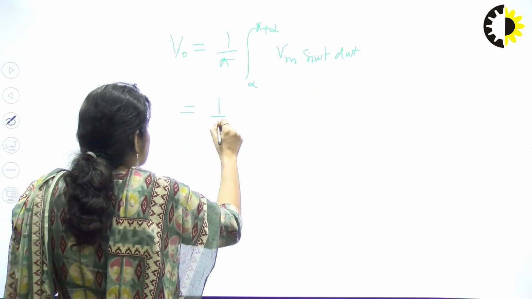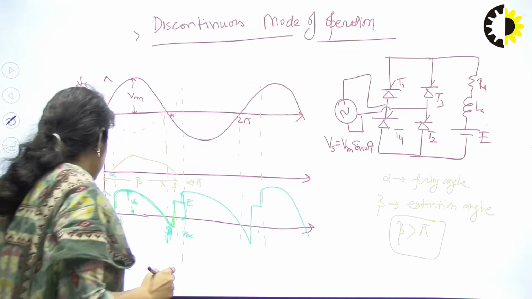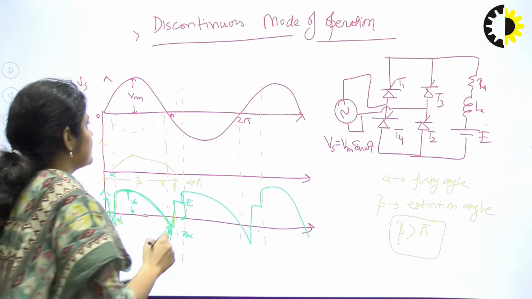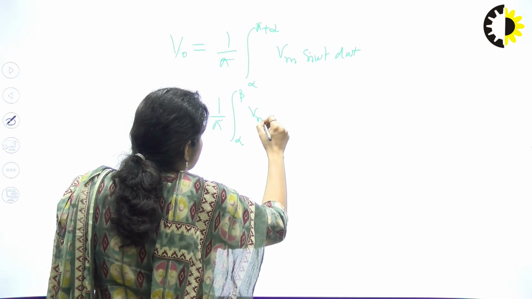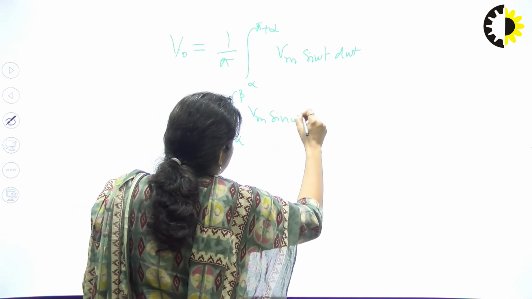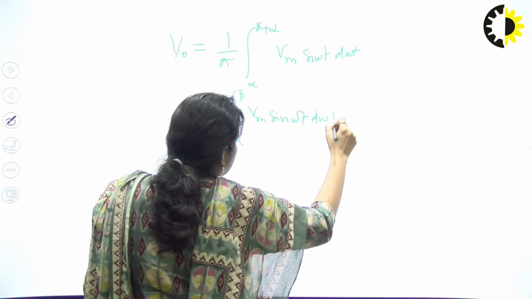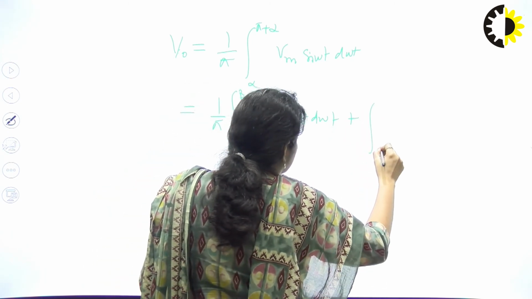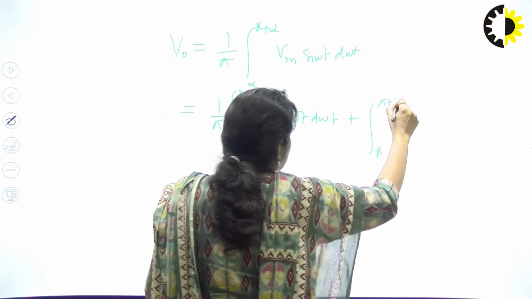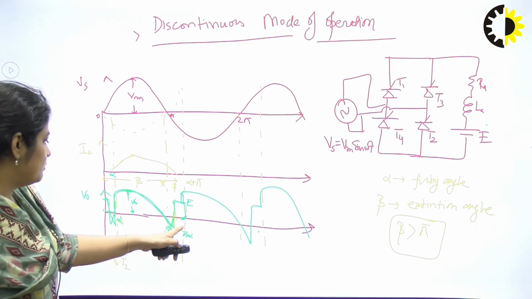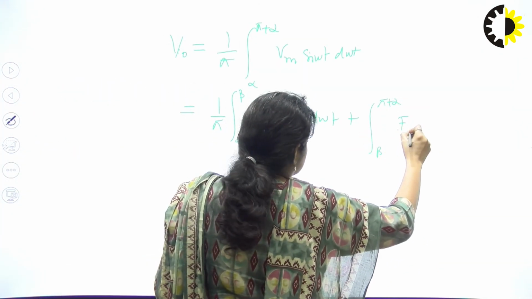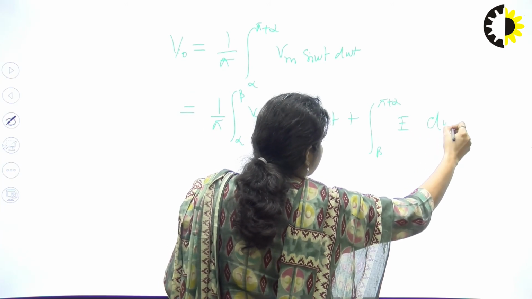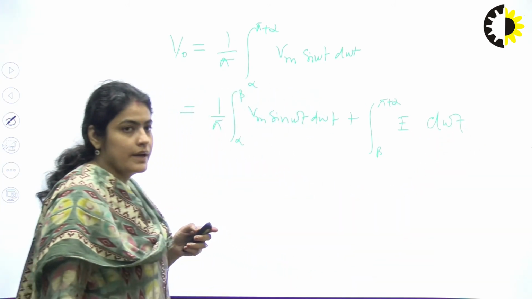So in this, from alpha to beta, you are getting the Vm sine omega t d omega t, plus beta to pi plus alpha, you are getting the voltage E. This is constant voltage, right?